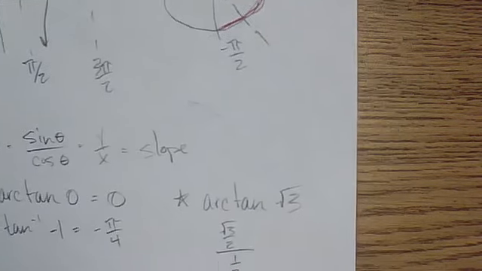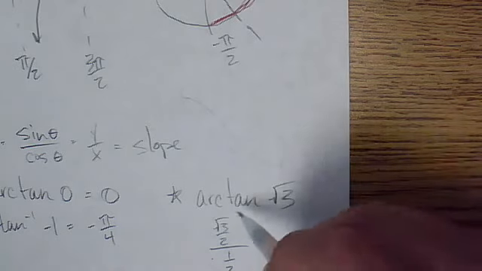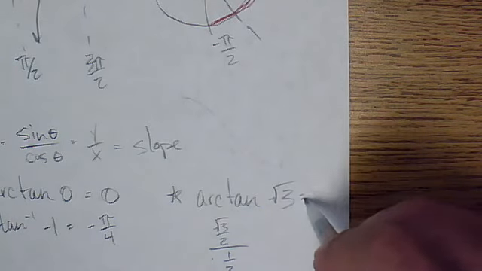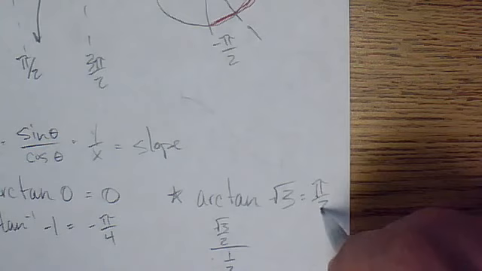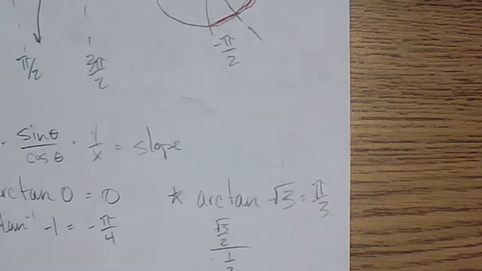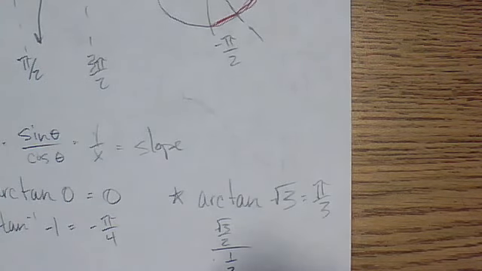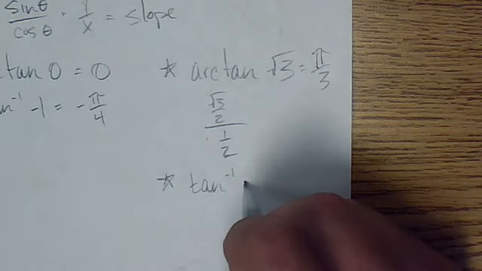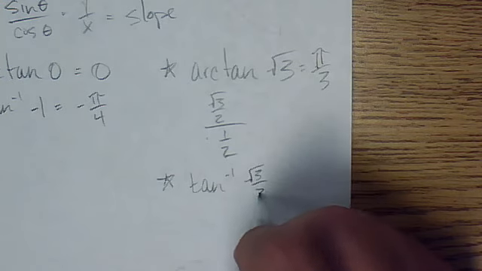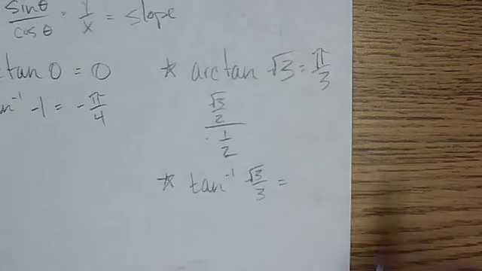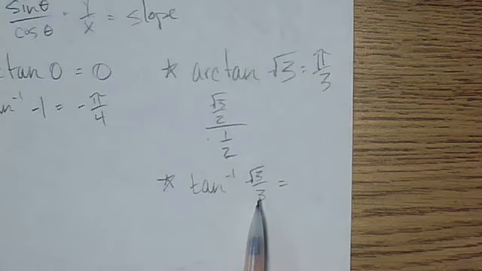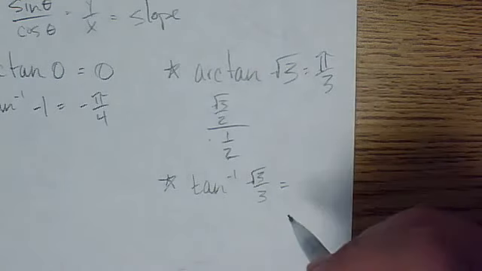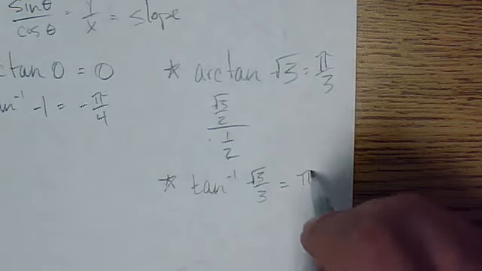So the arctangent of square root of 3 is at pi over 3. The other one that you'll see that's a little different is the inverse tangent of square root of 3 over 3. See, that would be 1/2 over square root of 3 over 2, so this one would be at pi over 6.